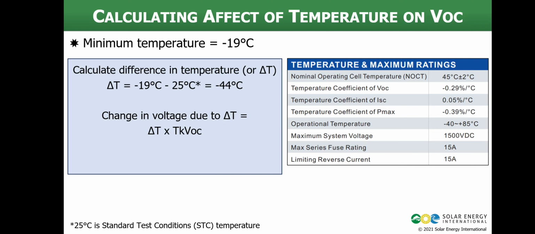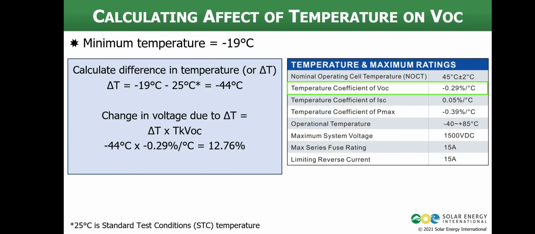And we can calculate this by multiplying the delta T, the change in temperature, negative 44 degrees Celsius, by the temperature coefficient of open circuit voltage, which they give us right on the module specification sheet. In this case, it's negative 0.29% per degree C. So if we multiply negative 44 degrees C by negative 0.29% per degree C, we get 12.76%.